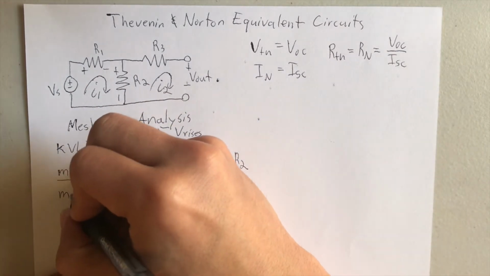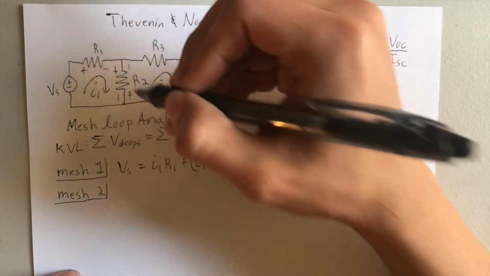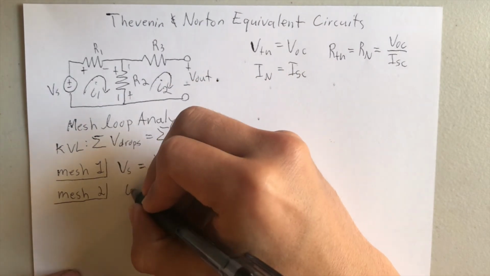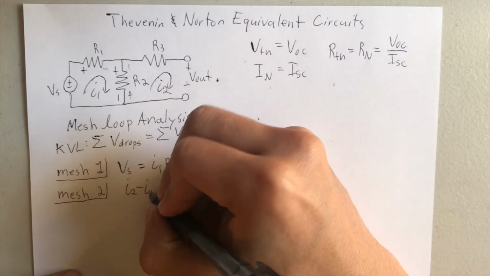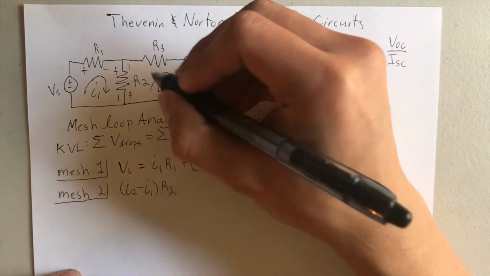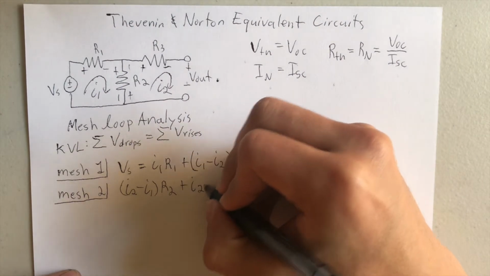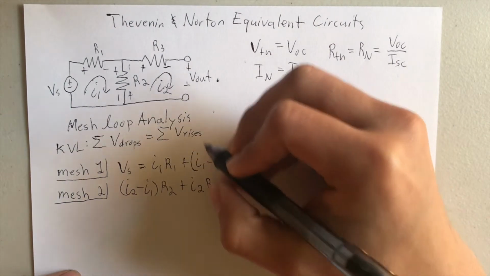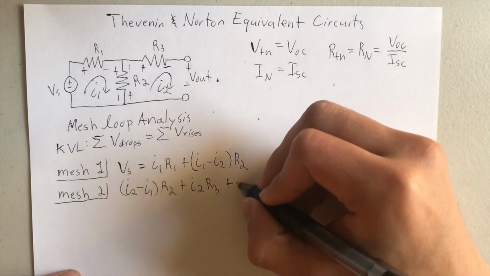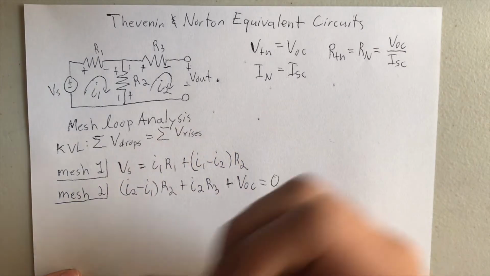For our second mesh loop, we have a voltage drop across this resistor of this current minus this current, plus the voltage drop across R3 plus the voltage drop from an open circuit voltage, and there's no voltage rise.